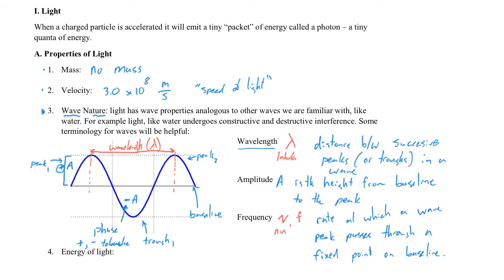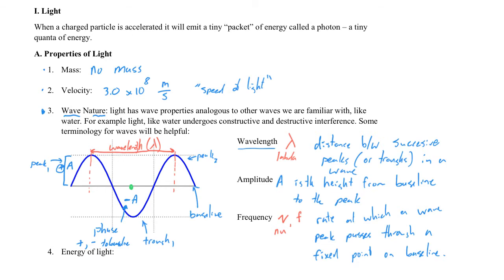Okay, so if we picked a fixed point on this baseline, which I'm going to use a green here for, say right here. Now this wave is stationary. It's not moving forward or backwards. Now most waves, like you can imagine a water wave moving forward or a sound wave, they propagate in a particular direction.